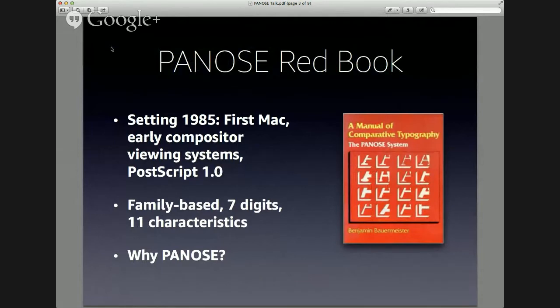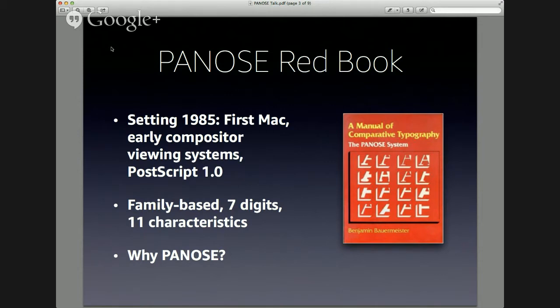in 1985 published this book, which was called the Manual of Comparative Typography, based on PANOSE. And this was right at the dawn of PostScript in '85. Most of this book was still laid out by hand. I had to cut all these deals with all the different type companies to have them give me samples of type, and then I had to glue them all up.